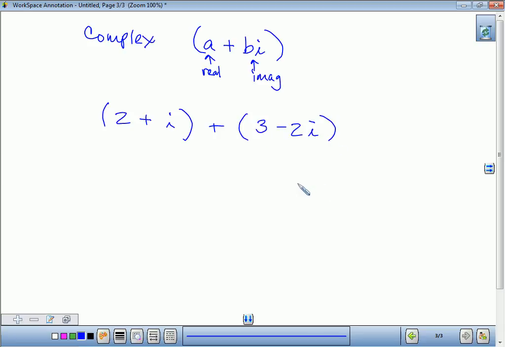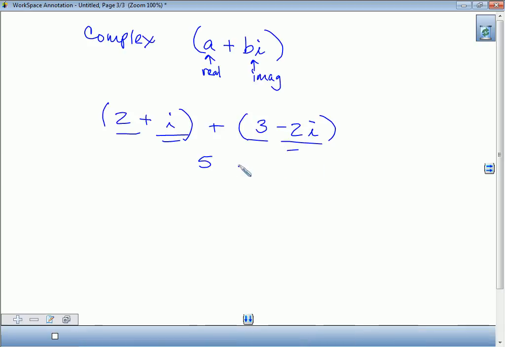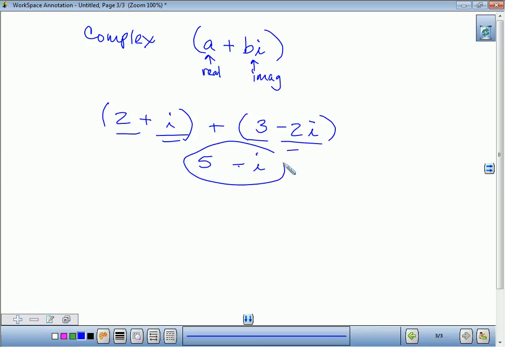It's just like combining variables. So the real parts get added together, and the imaginary parts get added together. So that would just be minus i, and that's all we have to do. Real with real, imaginary with imaginary. So addition and subtraction kind of work the same way.